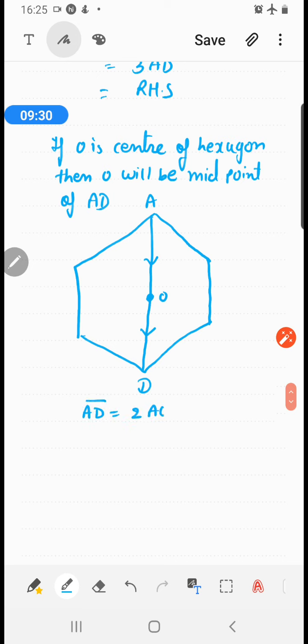The direction is the same but the length is twice. So we can write, since length AD is equal to 2 times length AO, I repeat, length AD is equal to 2 length AO. Also the direction is the same. So because of that we can write this particular result.